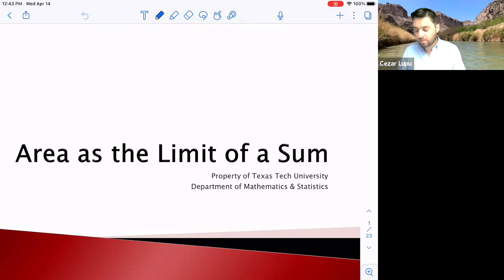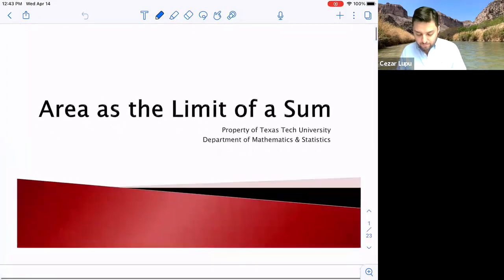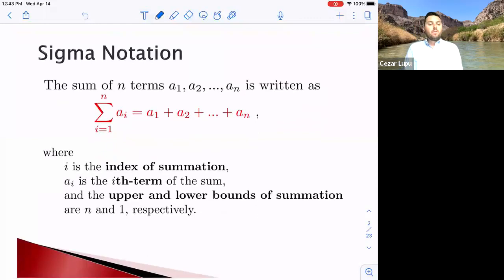Anyway, we'll see what this is all about immediately. When I'm talking about notation for a sum, this is what I mean.